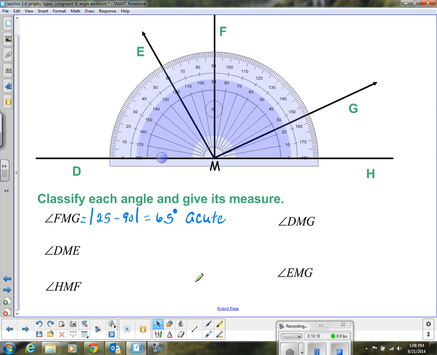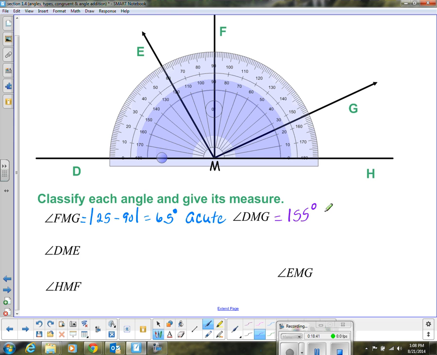Now we're going to do angle DMG. So how do you find angle DMG? Take your finger, go to D, DMG, right there. So if I start at 0, 0's on the outside. I come up over, and that looks like it is 155 degrees.